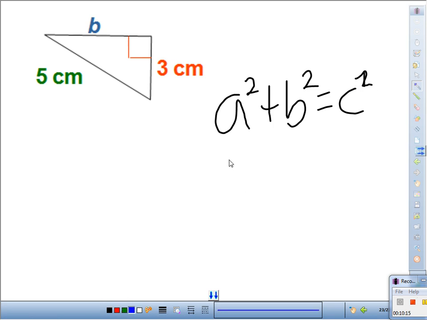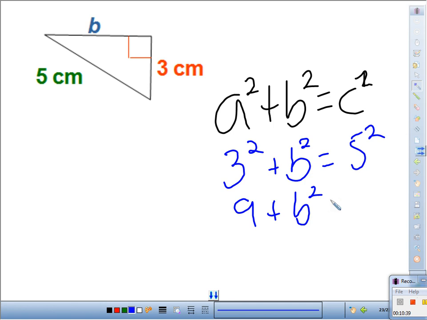Substitute values. So which one is A? 3 squared. B? B squared. And C? 5 squared. Continue. Step 3 is? Simplify. So this is? And now we solve.